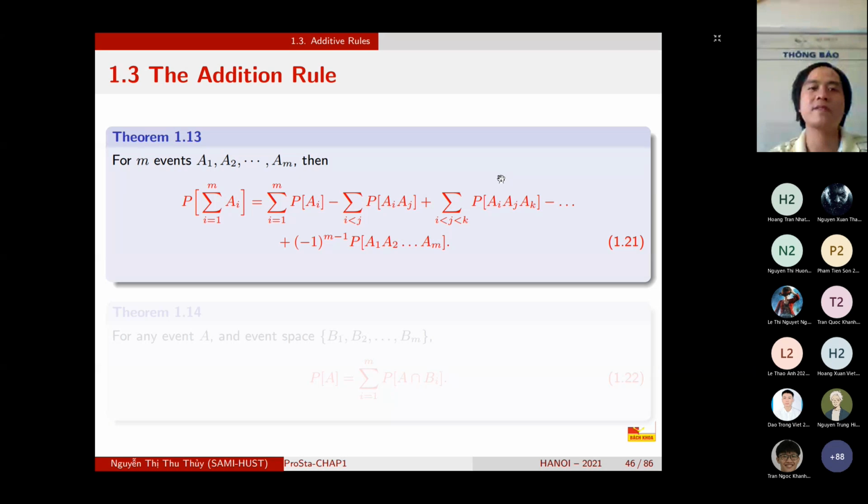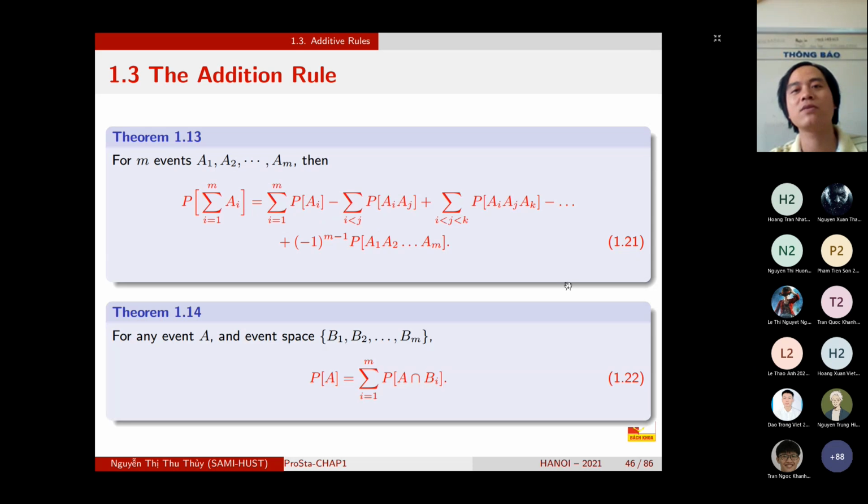We can generalize the addition rule for finite events A1 to Am, but in fact we need only 3 events maximum. So we don't need to remember the general case in 1.21, but anyway we have this formula, for anyone who cares more about the addition rule.